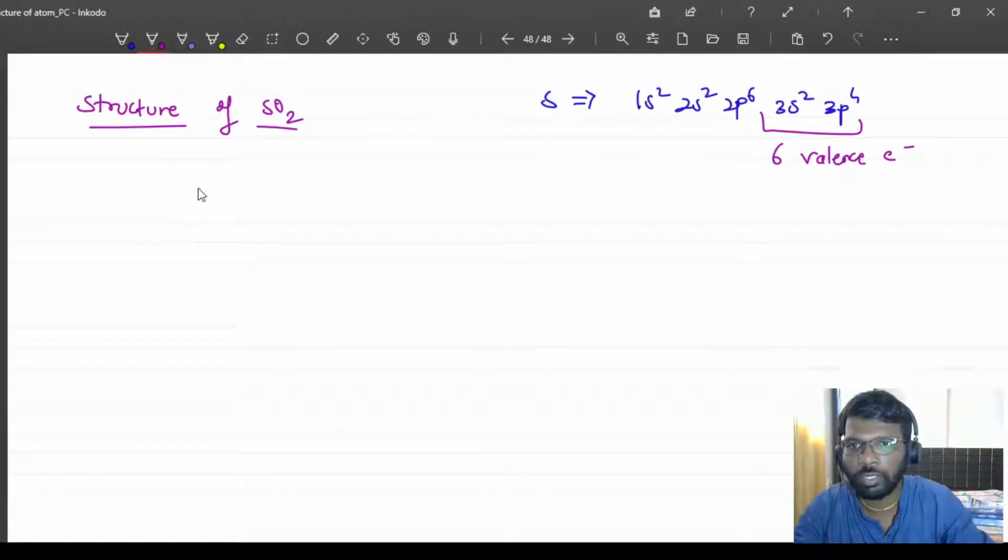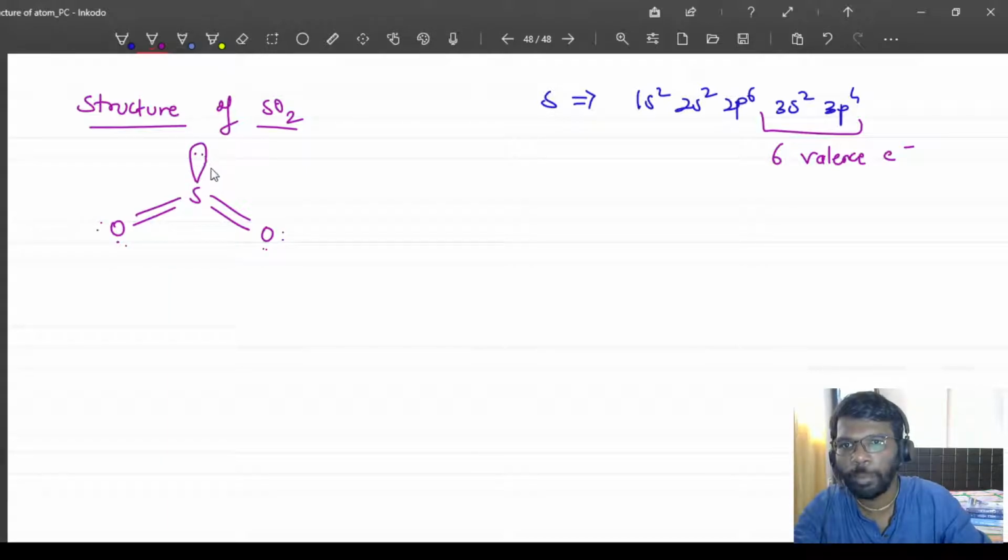So I'll put sulfur, linking with two oxygens, right? Oxygen has six valence electrons and two lone pairs of electrons on it. Here there will be just one lone pair of electrons left on sulfur, which will push the bond pairs downward, right?